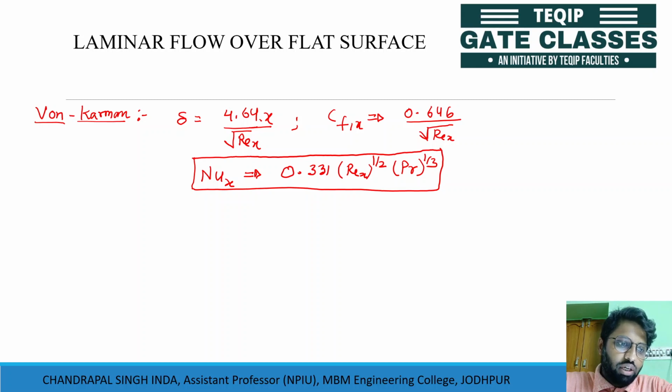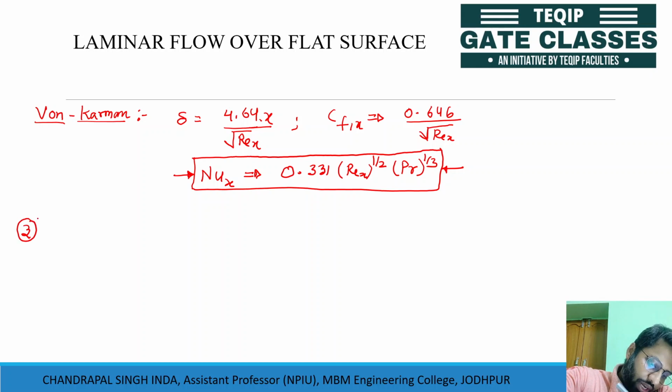These are approximate values. So by these two empirical relationships, we can find the value of local or average convective heat transfer by calculating the convective heat transfer coefficient using these empirical relationships.